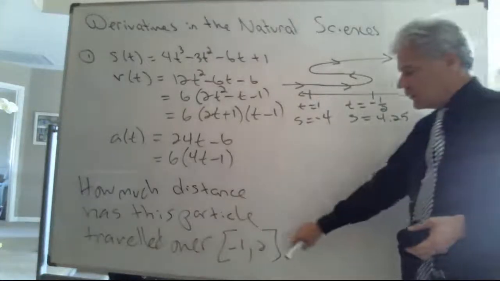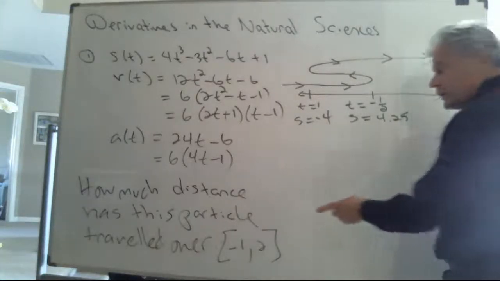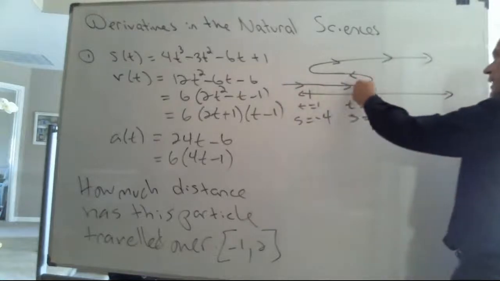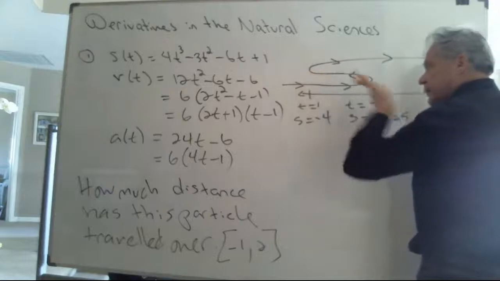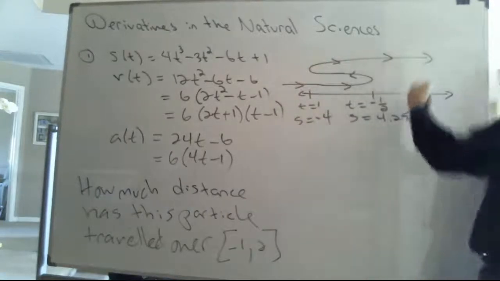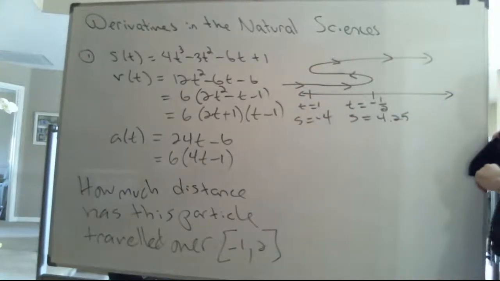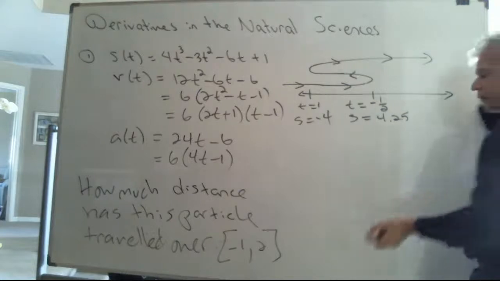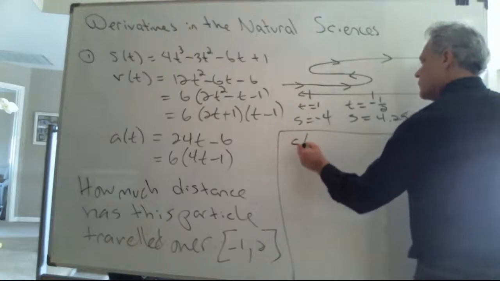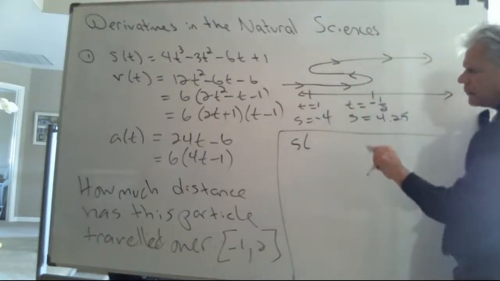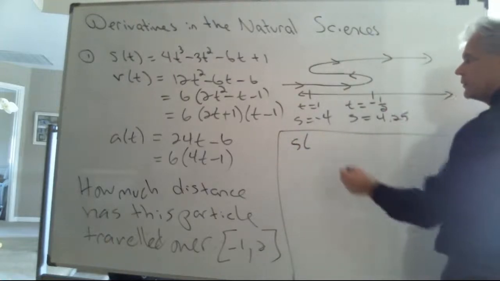Now these are t values. Now as t increases from -1 to -1/2, I'm moving in the rightward direction. From -1/2 to +1 for my t values, I'm moving in the leftward direction. Then from 1 to 2, I'm moving in the rightward direction again. So to come up with the answer to my question, I need to compute these distances. I shouldn't say distances. Can I back up? I need to first compute these positions.